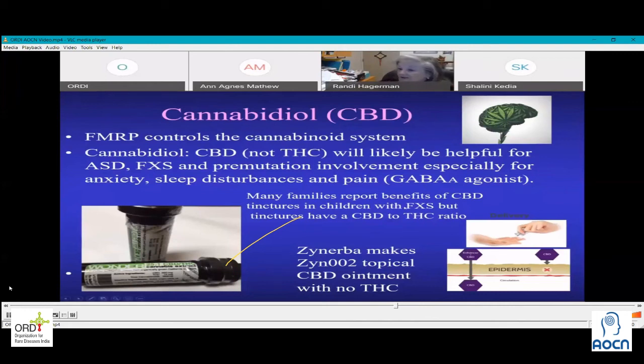This has been studied by Zynerba, which makes a topical CBD ointment. It comes in a foil packet, and you rub it on the skin, although many individuals can get cannabidiol through the internet.